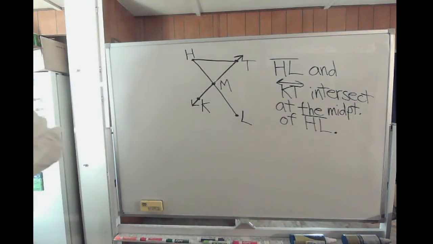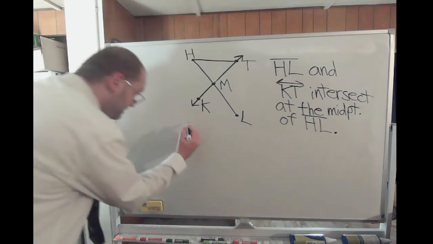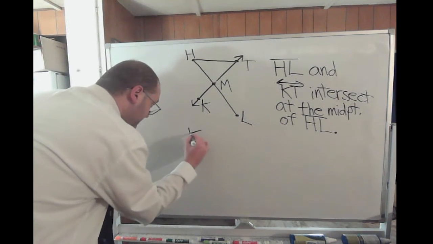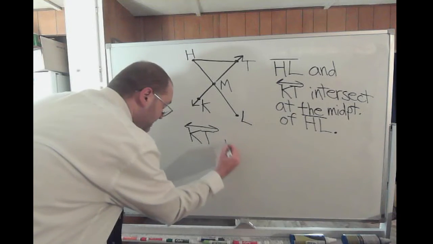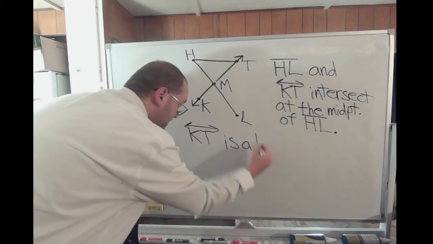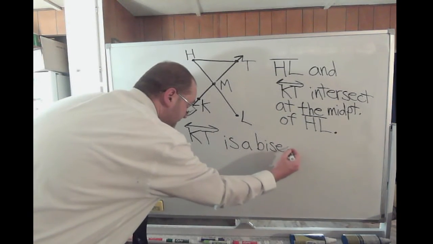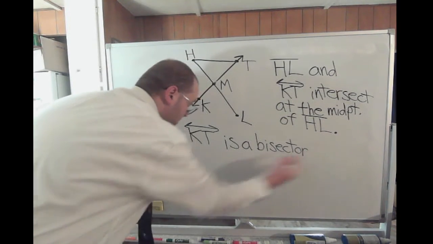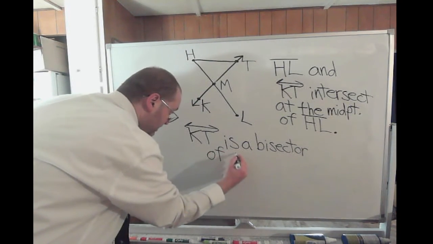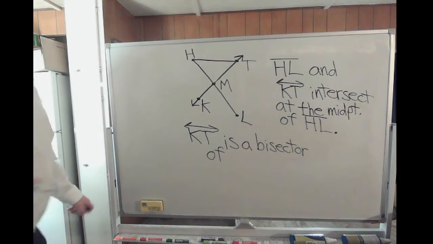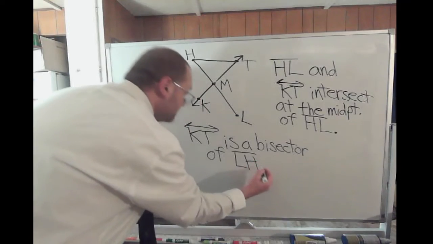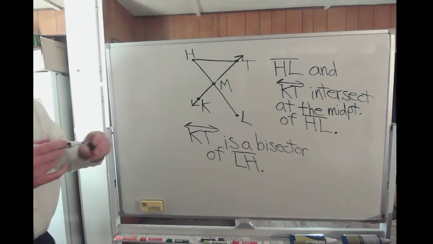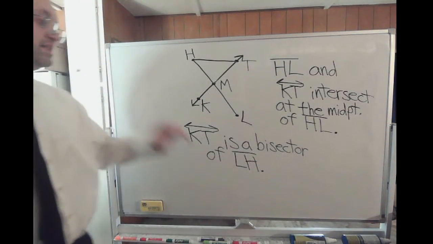Alright, what do we got next? Let's see. We have line KT is a bisector of line segment LH. So this statement is that line KT is a bisector of line segment LH.